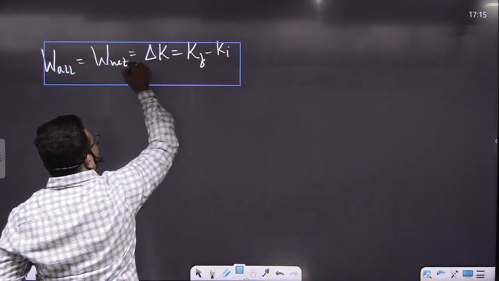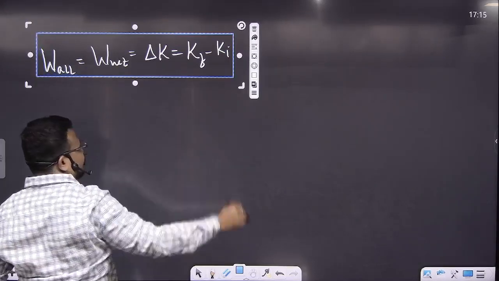We can write like this. So what exactly did we get from this theorem?